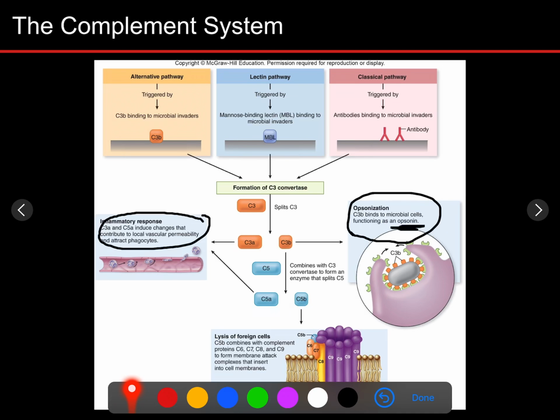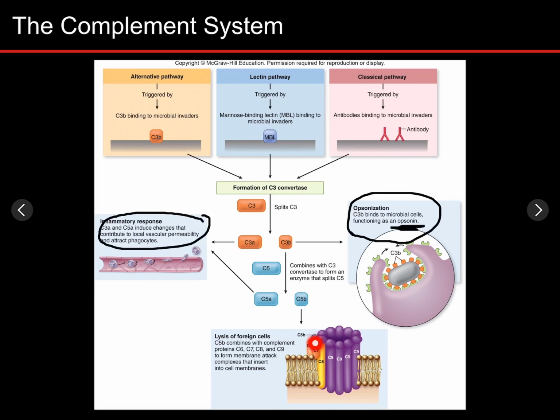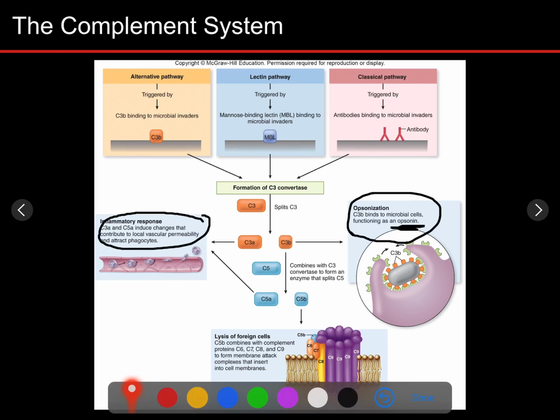C5b will embed in the membrane, particularly of gram-negative cells. And it starts a cascade. So C5b embeds in the membrane, and it, what we say, recruits or attracts the rest of the complement proteins, C6, C7, C8, and then a whole passel of C9s.